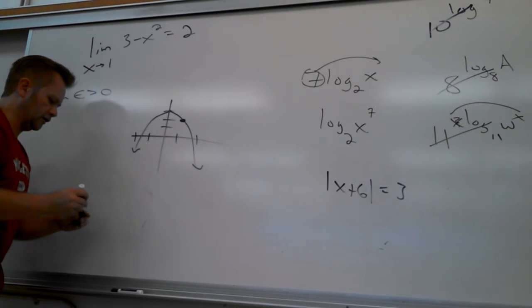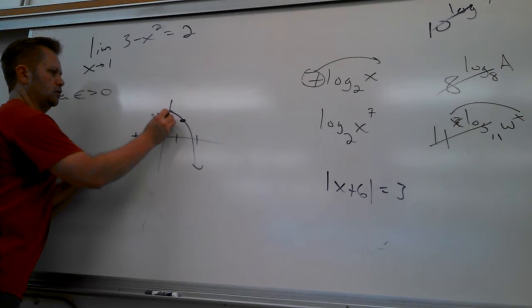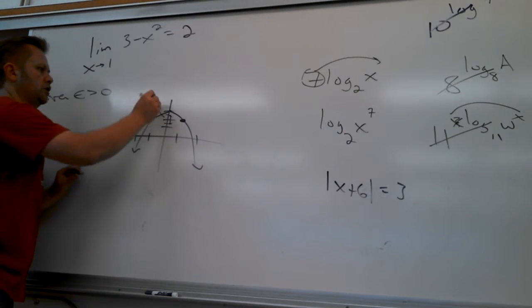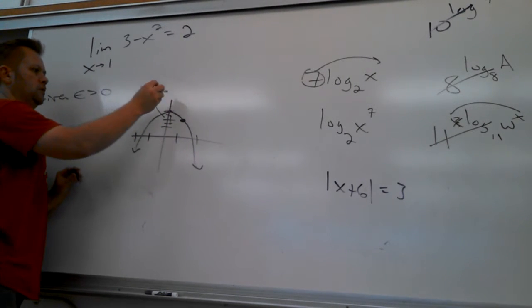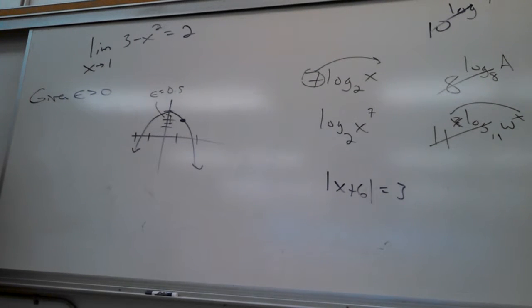So if somebody gives me some epsilon, meaning some distance away from this, somebody says, I want you to get within this much. Let's say epsilon in this case is 0.5.